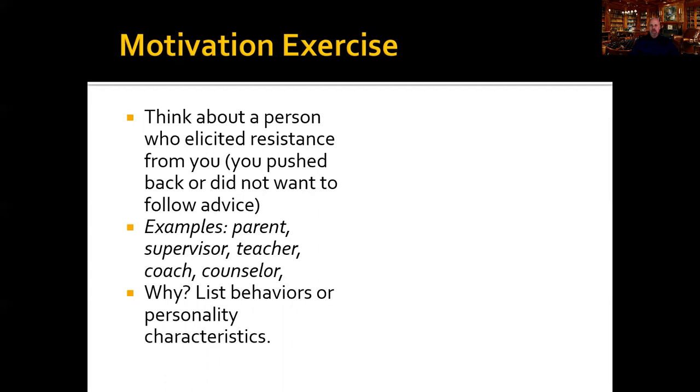This could be a parent, a supervisor, a teacher, a coach or a counselor. What I'm going to invite you to do now is write down at least 3 specific personality characteristics or behaviors that this person did that you didn't like. And I will encourage you to pause the lecture while you complete your list. You can pause now.